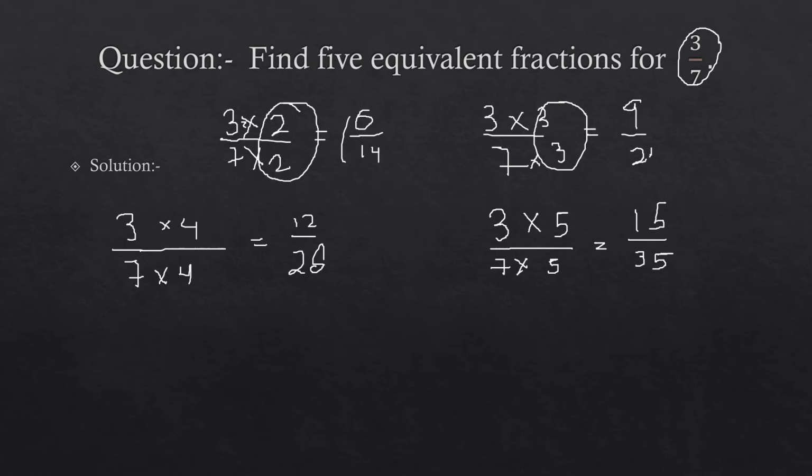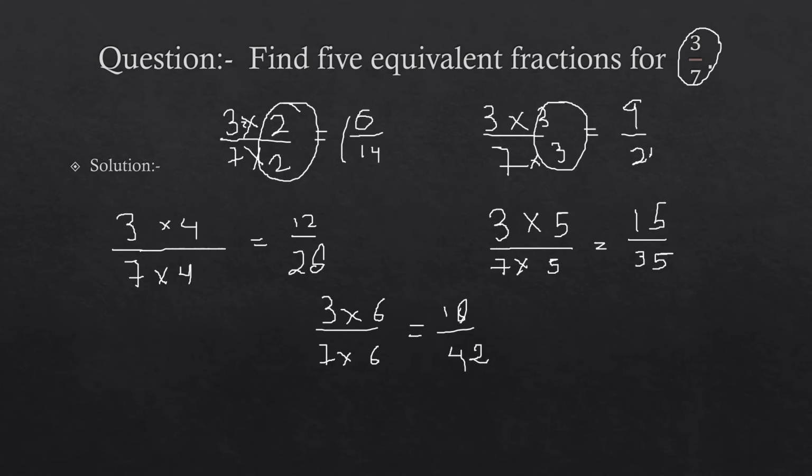Now 1 is remaining. Now we will use 6: 3 into 6 by 7 into 6. 3 into 6 gives us 18, and 7 into 6 gives us 42.